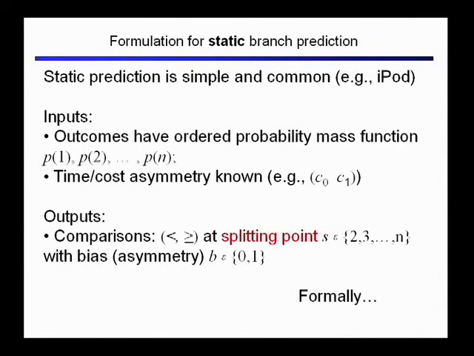And the decision tree can be expressed in terms of the splitting points, which is the number that I say, is this greater than or equal to that number, or is that less than that number? So if my inputs are 1 through n, then that's going to be 2 through n, because 1 is trivial, because everything is greater than or equal to 1. And I'm going to have a bias, the asymmetry, which I have to physically code into my assembly language or whatever language that I have.